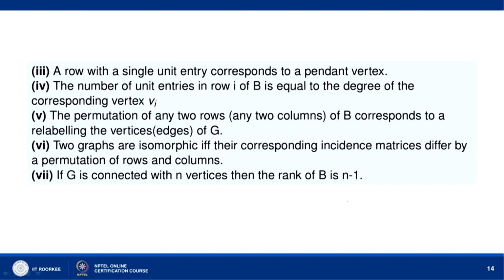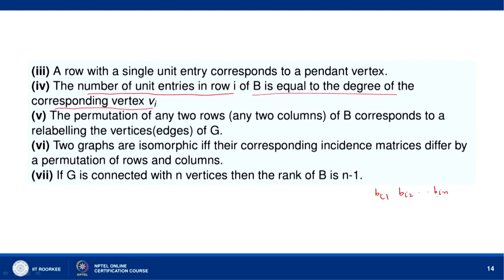Now, a row with a single unit entry corresponds to a pendant vertex. The number of unit entries in row i is equal to the degree of the corresponding vertex Vi, because the row will contain Bi1, Bi2, up to Bim.